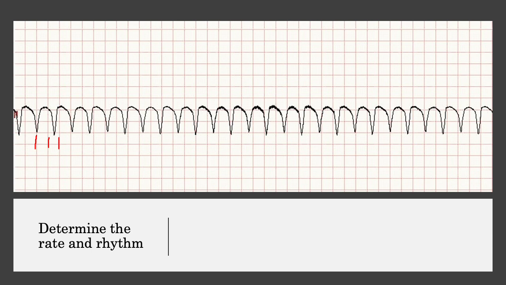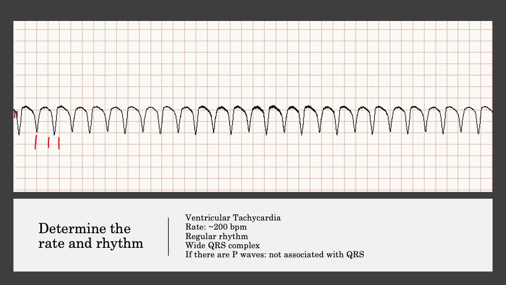And so then I would move on to my ventricular analysis, and I know I have a regular wide complex tachycardia running about 150 to 200 beats per minute. So this is ventricular tachycardia. And you may very well have recognized it immediately, but it's reasonable to go through that systematic method and apply it when you're trying to determine a rhythm.